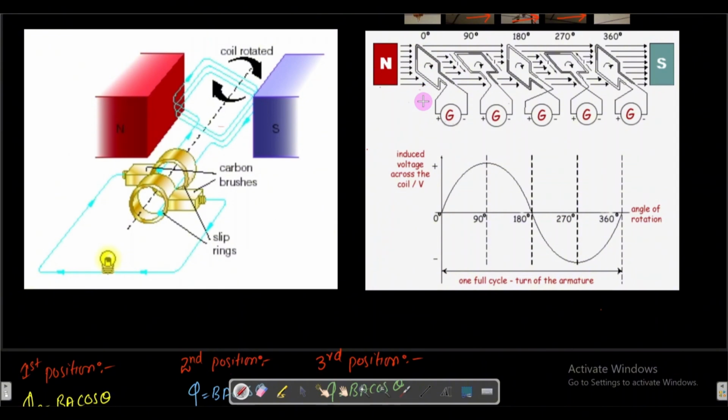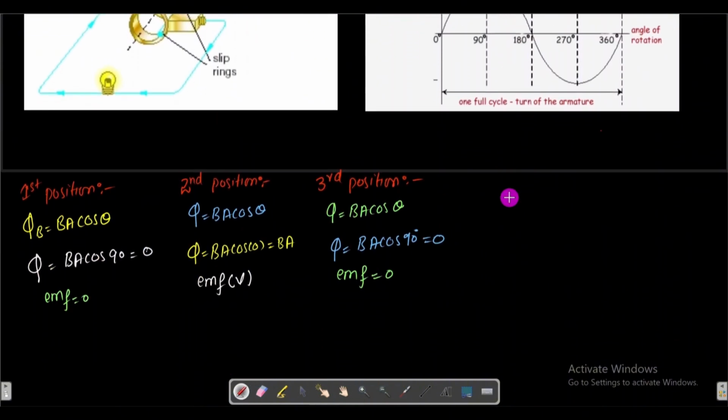So for the fourth position, the magnetic flux is given by this. The flux is equal to BA cos of theta. So in this case, the angle is 0. So flux is equal to BA cos of 0.